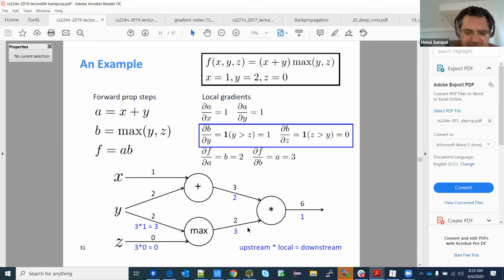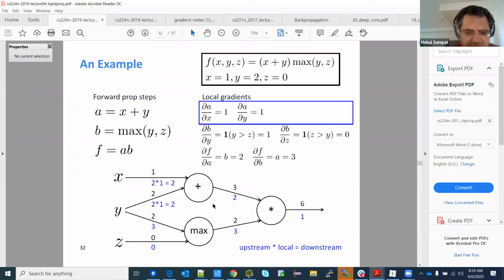Similarly, the upstream gradient is 3 and the local gradient here is 0, so you get a 0. The last one we have to do: the upstream gradient is 2, that's this number here, and the local gradient is 1 for both cases. So that's the final downstream gradient.